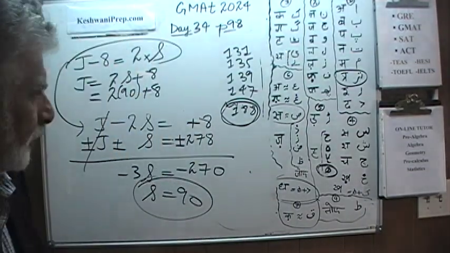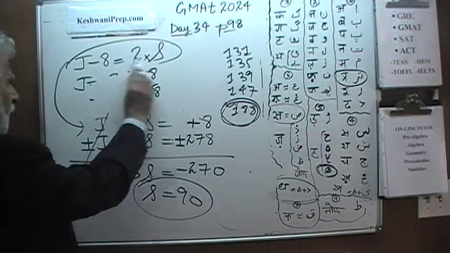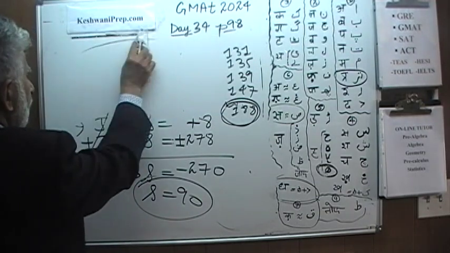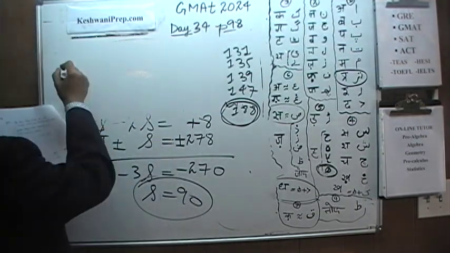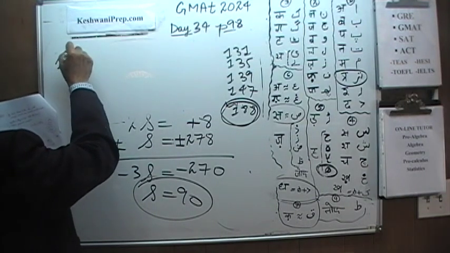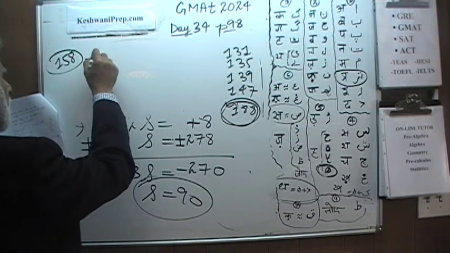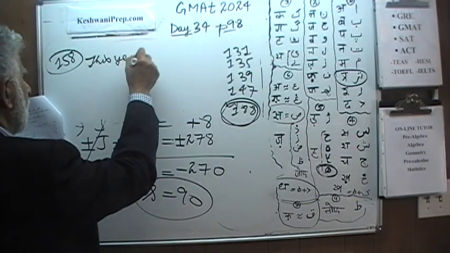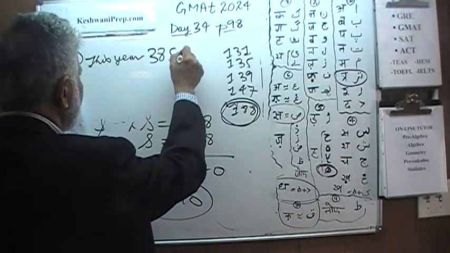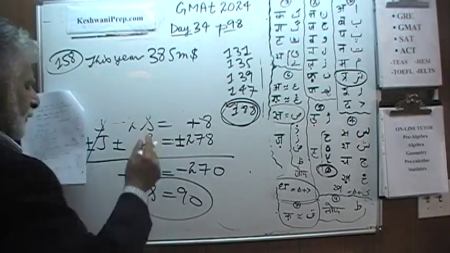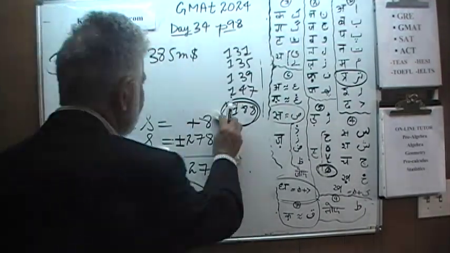Number 158. This year we are told that our profit was $385 million. Or not the profit, rather, sales.